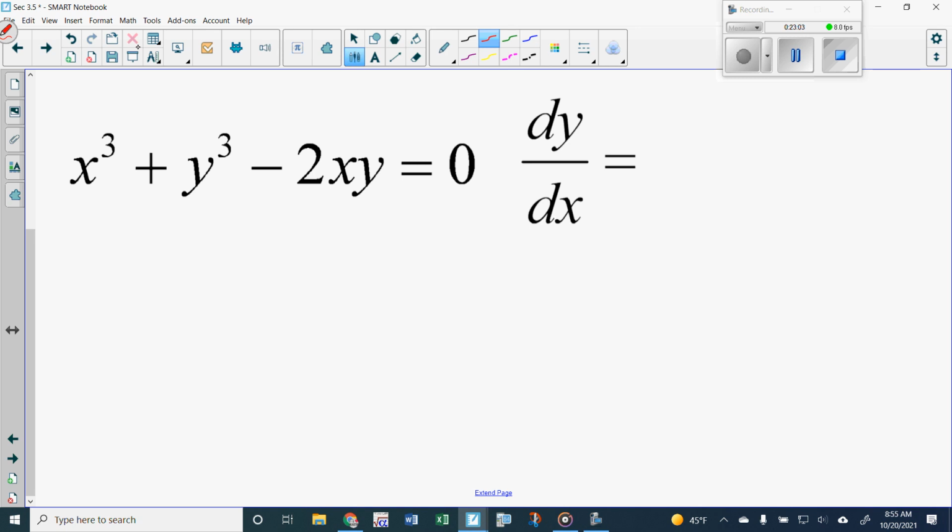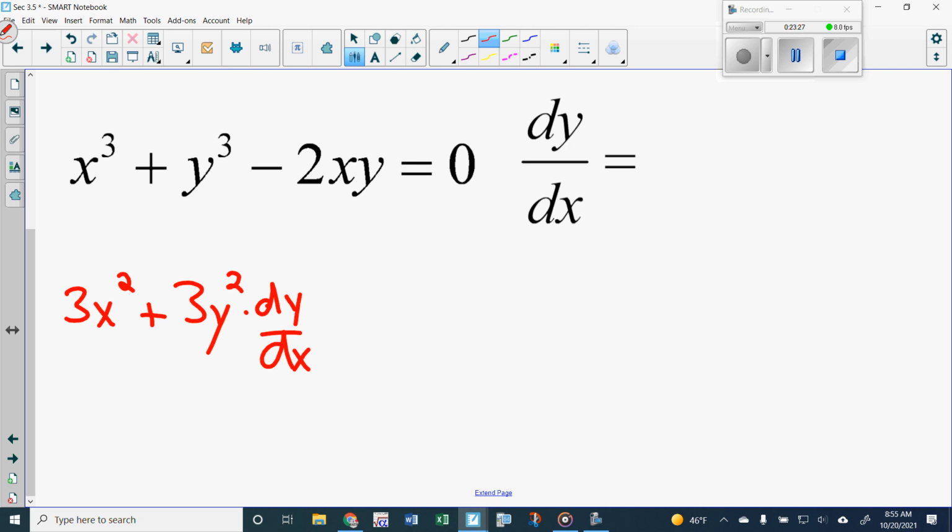All right, so derivative of x cubed, 3x squared, plus derivative of y cubed, 3y squared times dy dx.